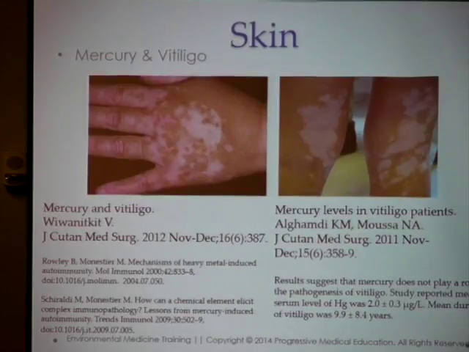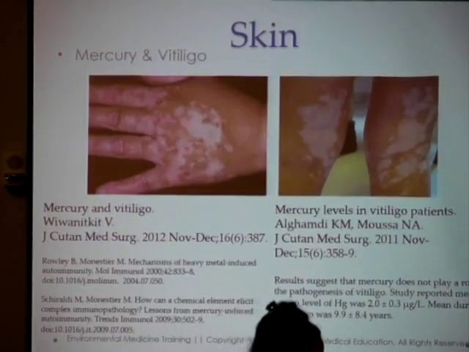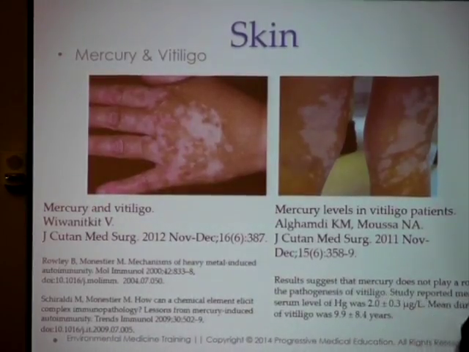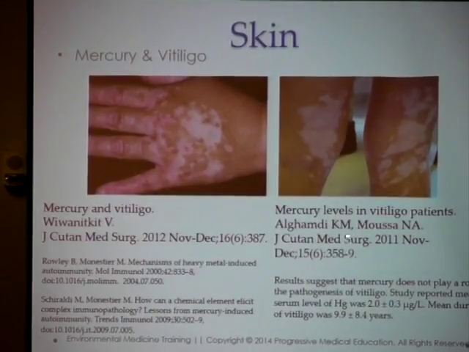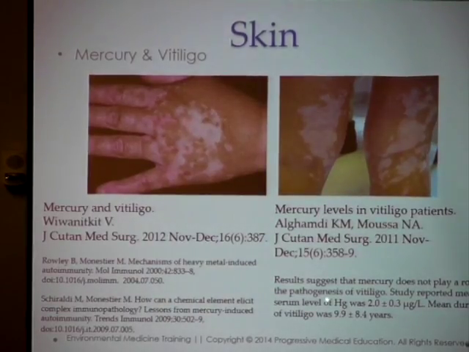And I mentioned that in the literature, people have looked at this, they've seen this connection of mercury and vitiligo, and I pulled this, and I just want to highlight this study which mentions mercury levels in vitiligo patients, where the study concludes that there's no connection with mercury and vitiligo because they measured the blood levels of patients.